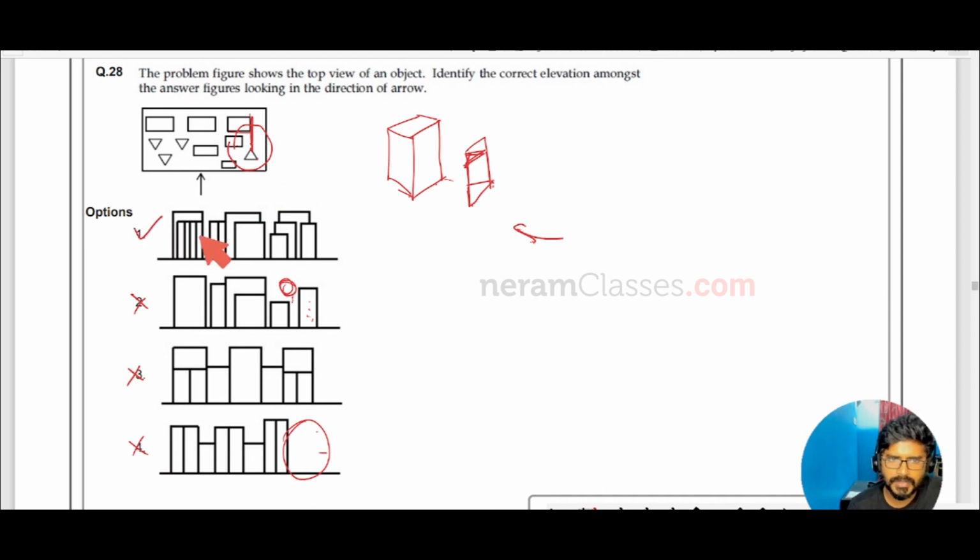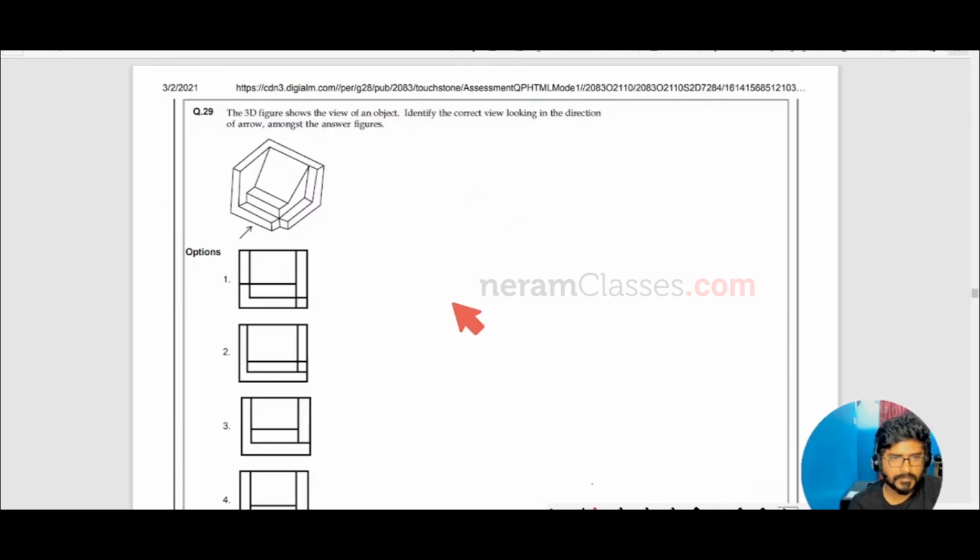But for option 1, if you compare with the other things also, it will be perfectly matching with this. So option 1 is the right answer. You don't have to think too much for this. Just by taking any one small portion and comparing with the options, you can filter out the answer. So option 1 is the right answer.